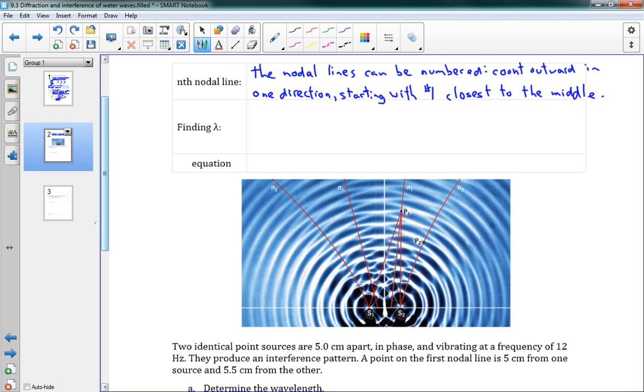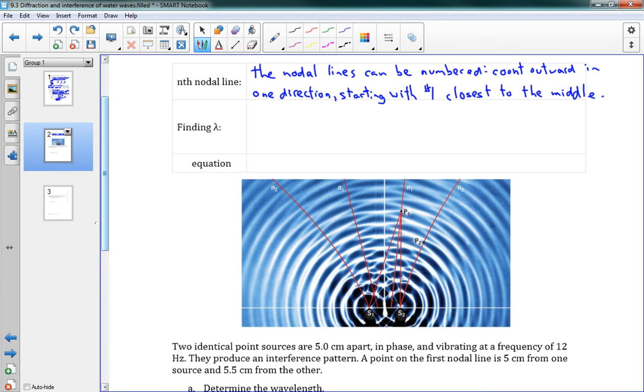And so you can see on the picture below, we have a few nodal lines drawn. We have nodal line 1, nodal line 2 drawn there. And on the left, we could go in the left direction as well and have 1, 2 going that way. I'm just going to erase those because that's on the box that we have there for the equation.